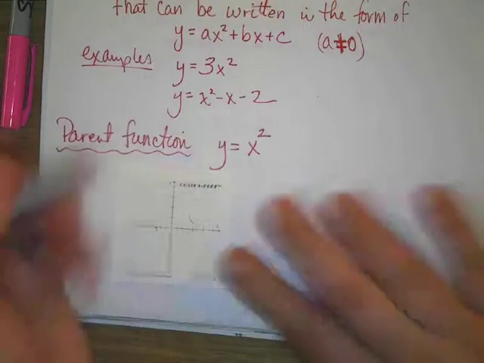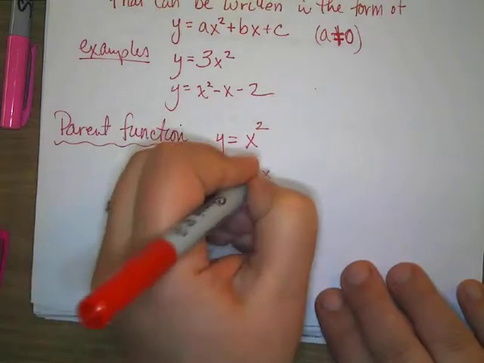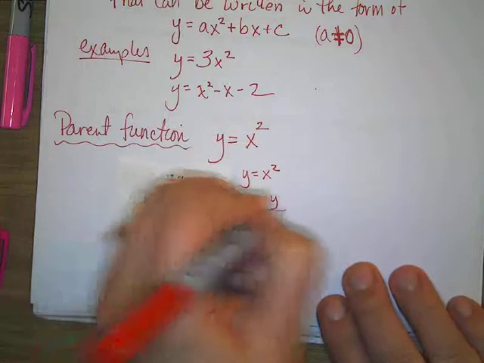So by your first box, I want you to write right over here y equals x squared, and then we're going to make a table.